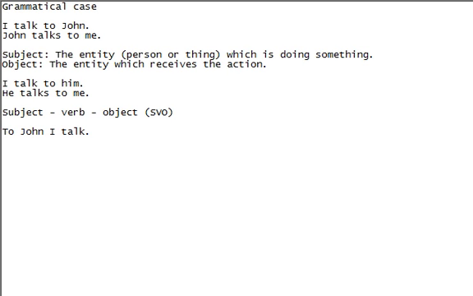Many other languages are a bit more flexible in their ordering. In many other languages, and this is one of the advantages of a case system, it allows you to be more flexible with how you order things. You don't necessarily have to use subject, verb, object. In some languages, you can kind of mix things up a little bit. But in English, we usually do it that way.